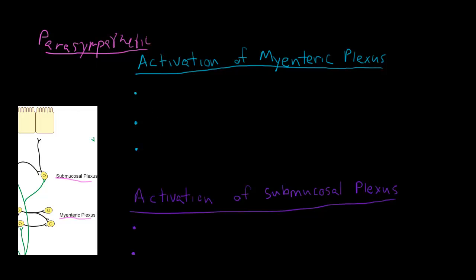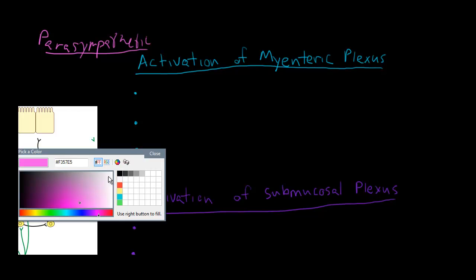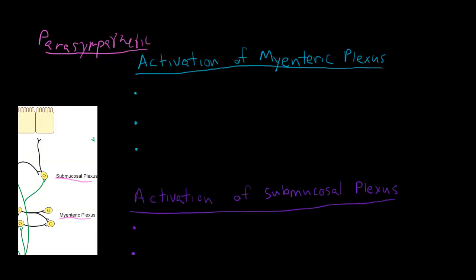The activation of the myenteric plexus, which is the musculature of the gastrointestinal wall, increases tonic contractions.